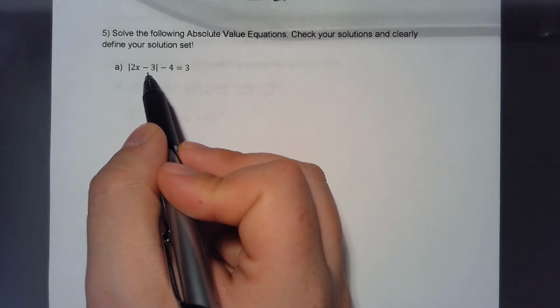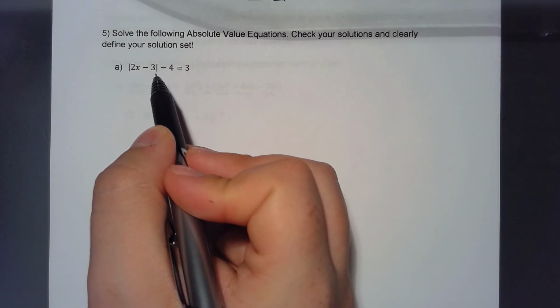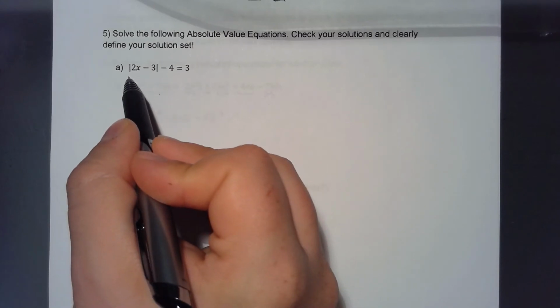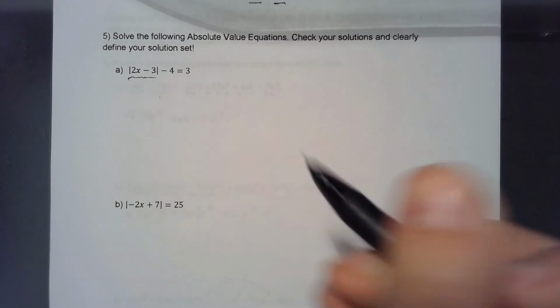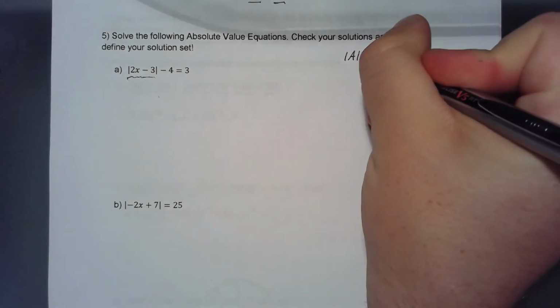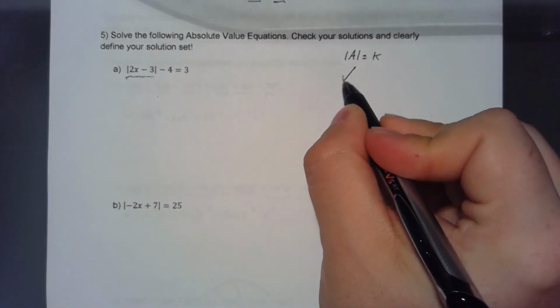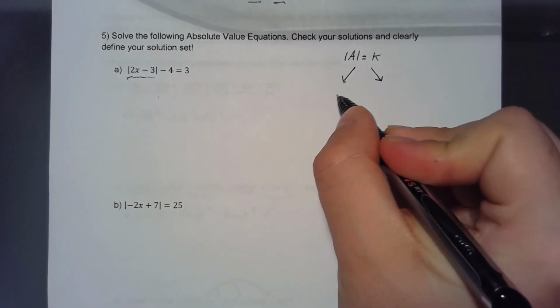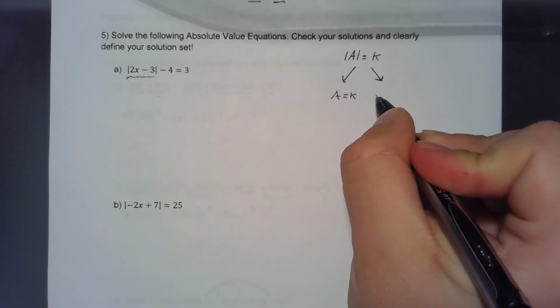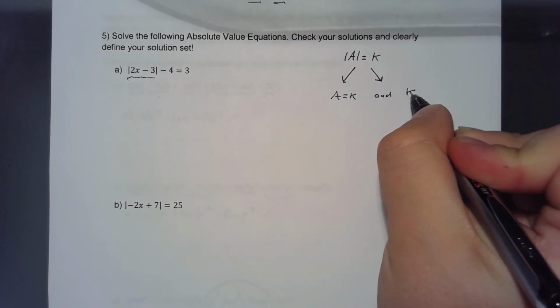So to solve this, remember, you have to make sure that the whole thing is isolated before you apply this property. I just have to have the absolute value of a equals k and a equals negative k.